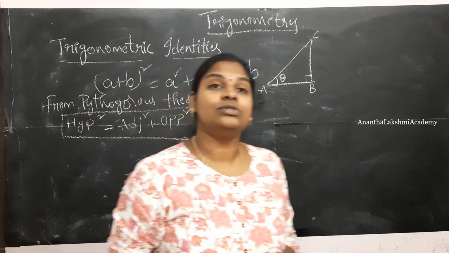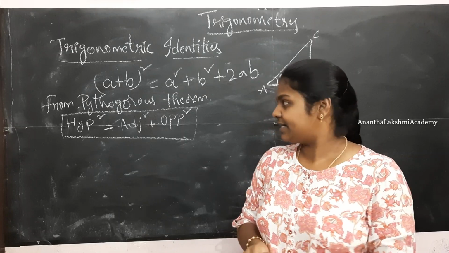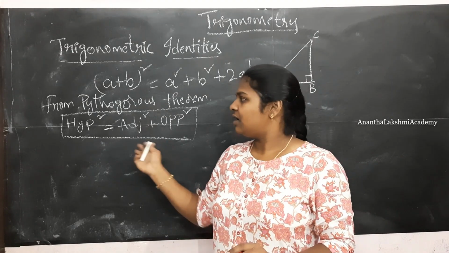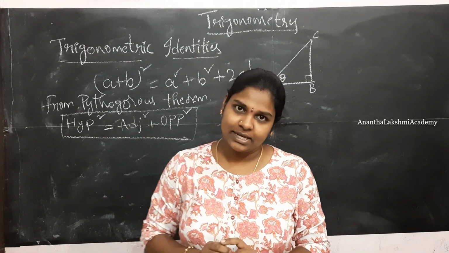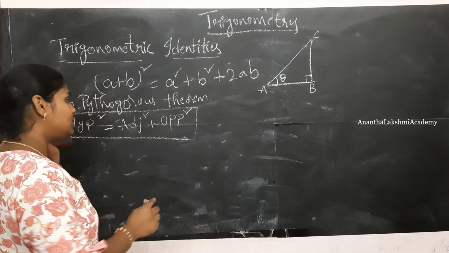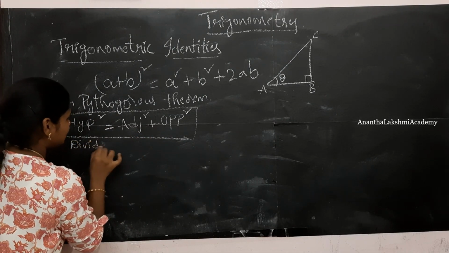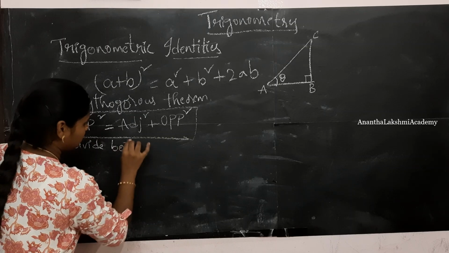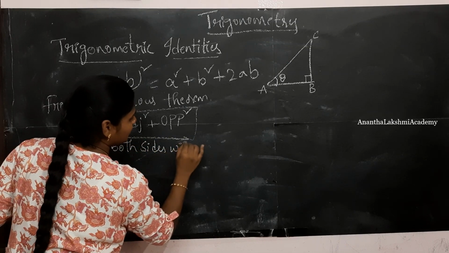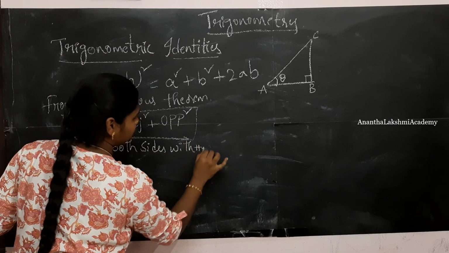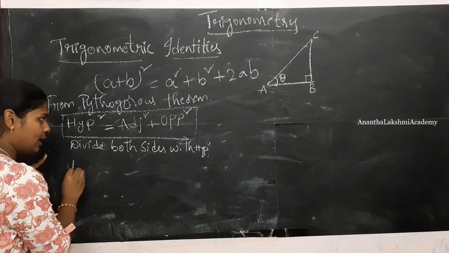Now, in order to get to the point of solving the trigonometric identities, let me divide all of them by hypotenuse square. Let's see what happens. If I divide both sides by hypotenuse square, hypotenuse square by hypotenuse square is 1.